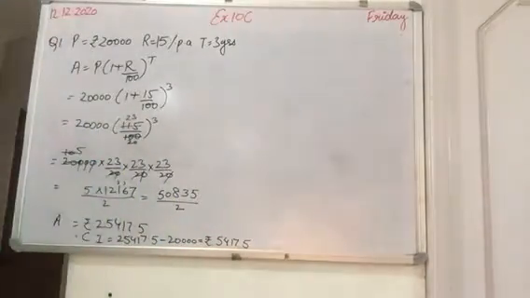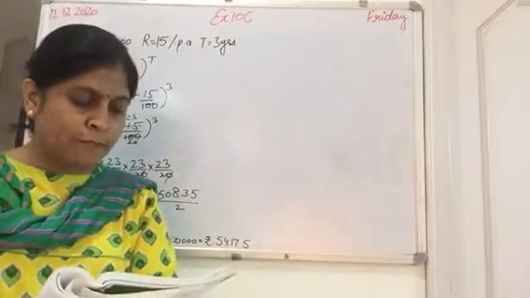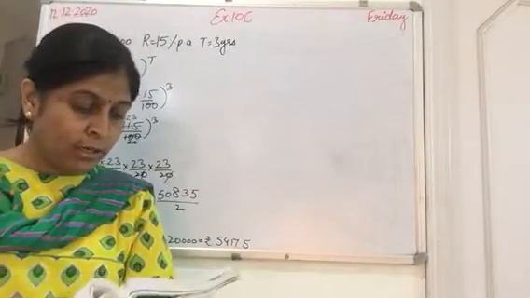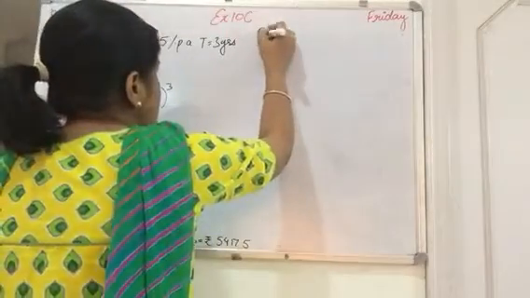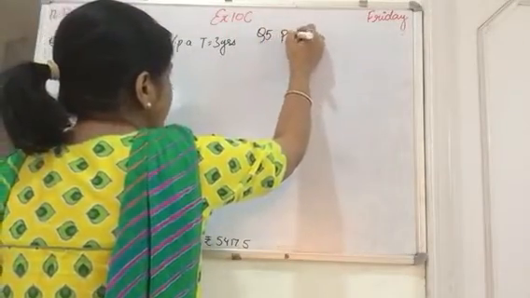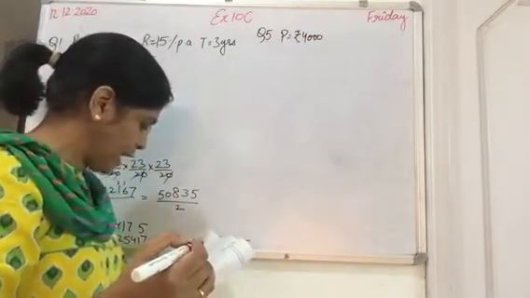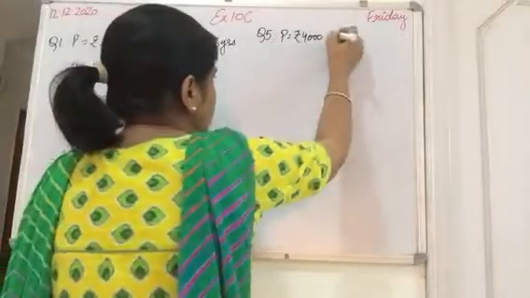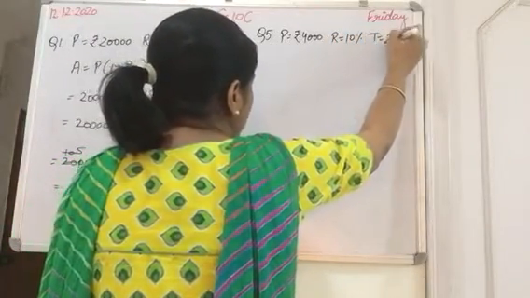Now the fifth question says, find the compound interest on rupees 4,000. P is given as 4,000. Rate is given as 10% and time is 2.5 years.